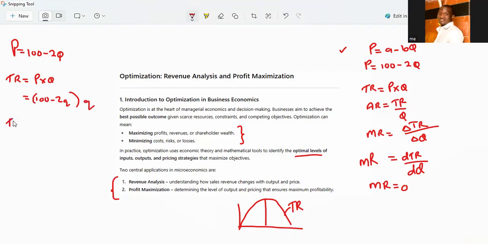So our total revenue in this case becomes what? 100 times Q is 100Q. 2Q times Q is 2Q squared. So this is how we find our total revenue. Then we differentiate.